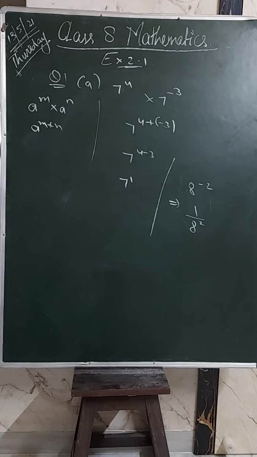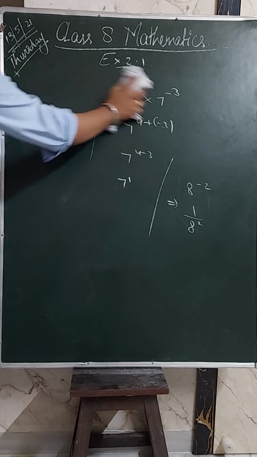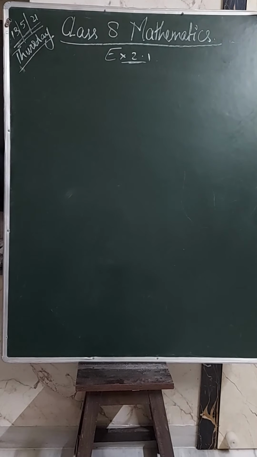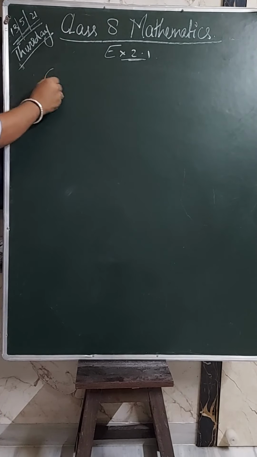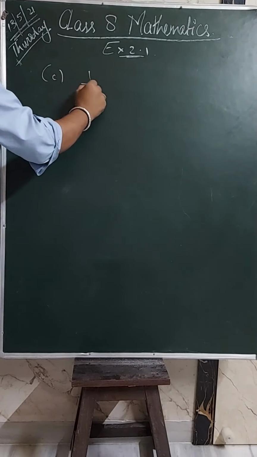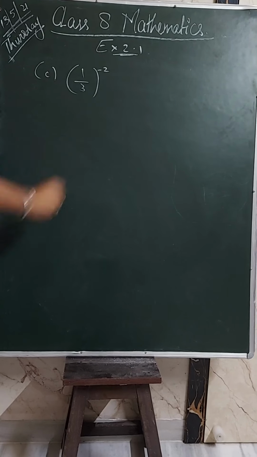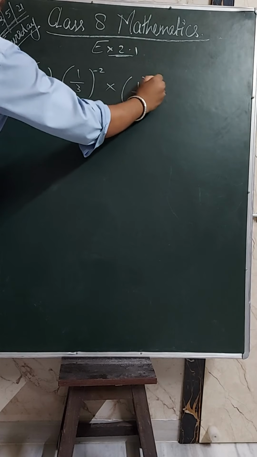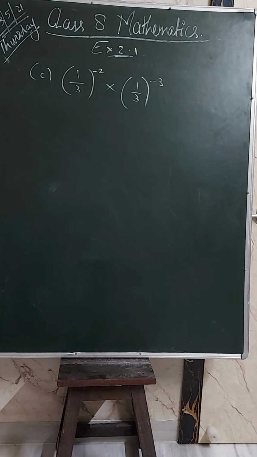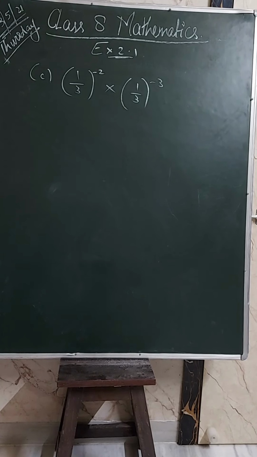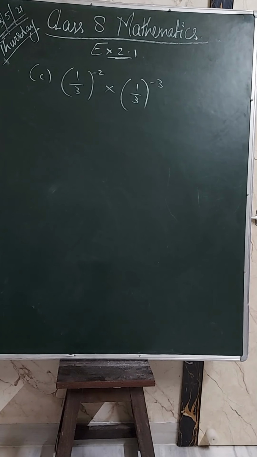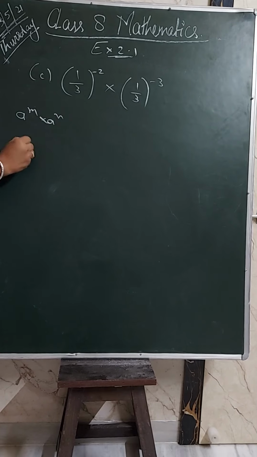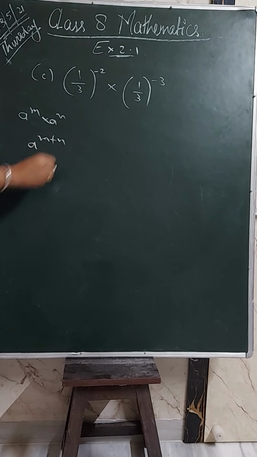Now we go for the third part: 1 upon 3 power minus 2 into 1 upon 3 power minus 3. Again the same property will be used, a power m into a power n, the powers will be added, m plus n.